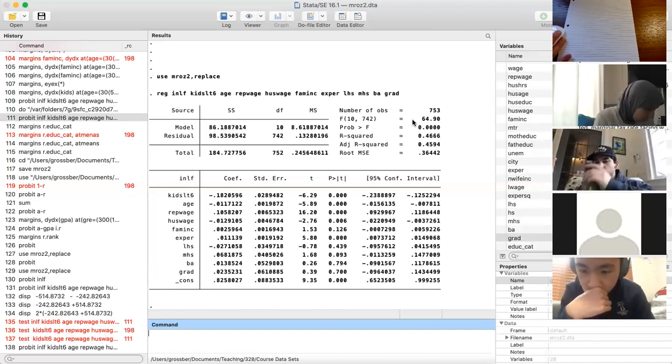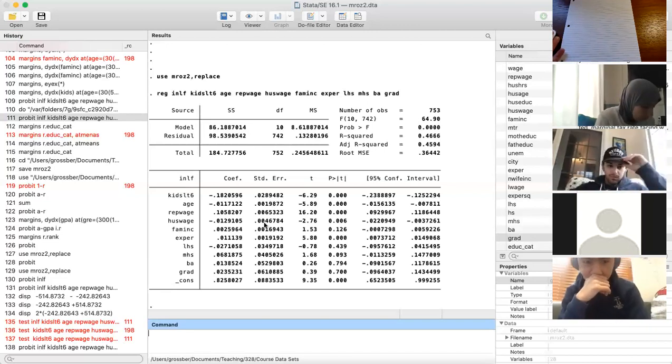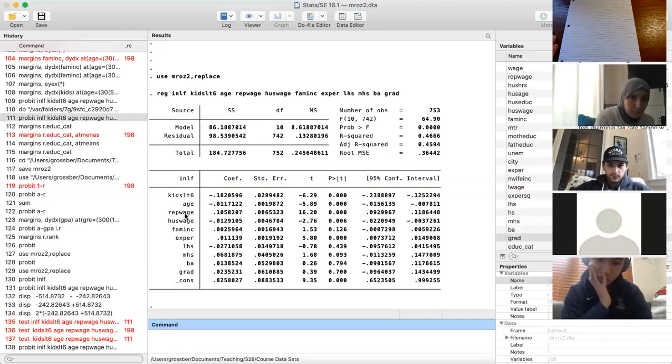You can see that the F statistic is big enough so that we can reject the null hypothesis that none of the variables belong. That makes sense. So these variables are number of kids less than 6 years old, age of the person. These are all married women. The wage that the woman reports earning at this time, husband's wage, family income, experience, and then the education variables.